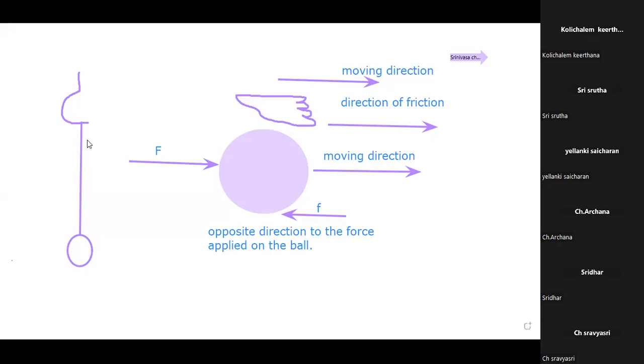Meaning, what is happening? Some force is pulling, it is attached to a pulley or whatever it may be, the hook. So when we are applying force, if you increase the force, the tightness in the string will increase. The string becomes very tight.